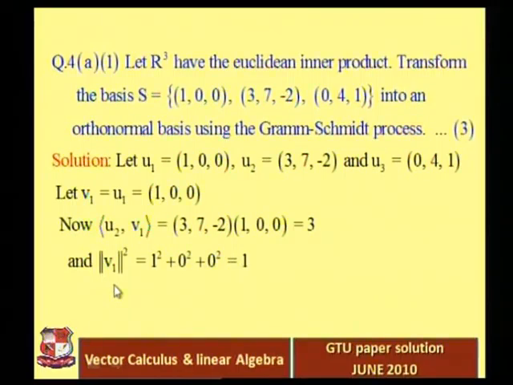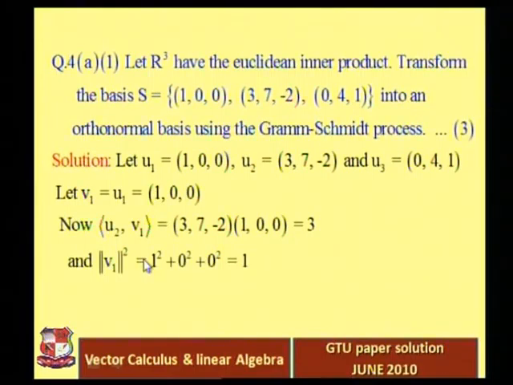Now find norm v1 square. v1 is 1 0 0, so norm v1 square is 1 square plus 0 square plus 0 square, that is equal to 1. These two values, inner product u2 v1 and norm v1 square, we will use in the next formula.